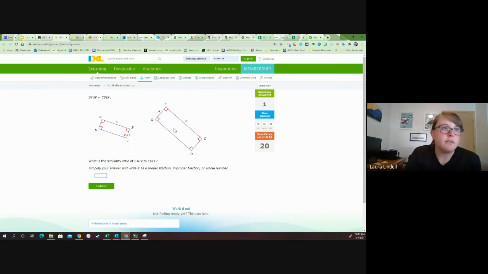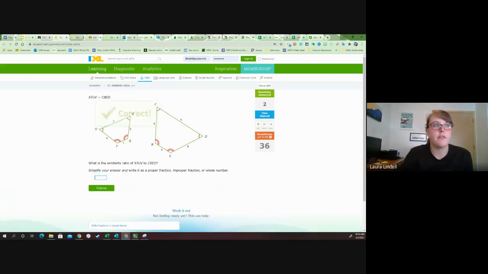Like on two rectangles, it's very clear which side is the longer side and which side is the shorter side. And spoiler alert, long sides go together and short sides go together. So if I'm doing STUV to CDEF, I can take the short side here over the short side here and get 1/4. Look at that, we're already up to a SMART score of 36.